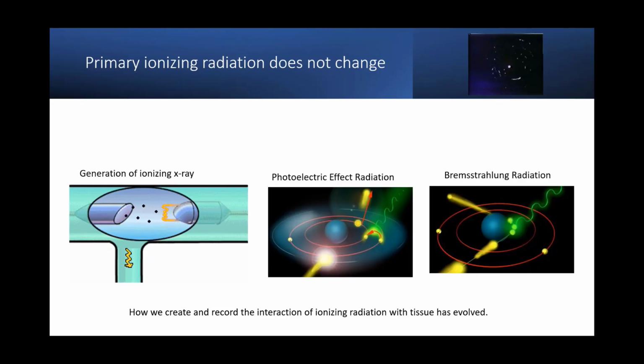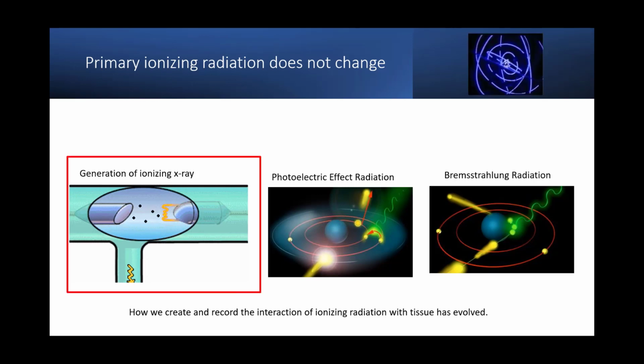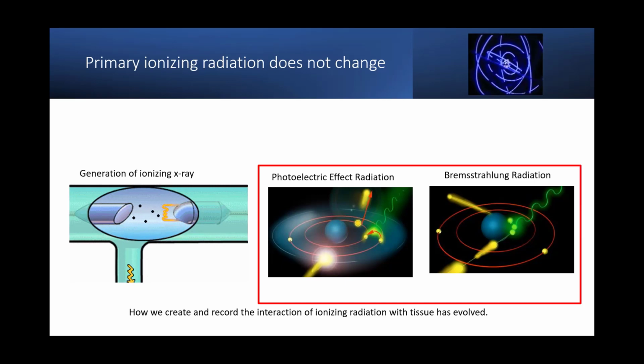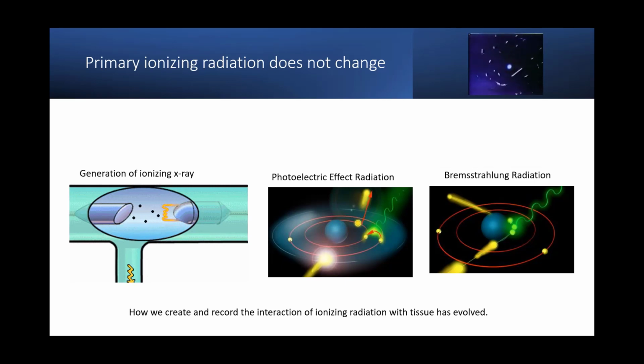Here we see the generation of ionizing radiation for X-ray. We have two primary types of interactions that are happening during the ionization of the atoms. One is called the photoelectric effect and the other Bremsstrahlung.